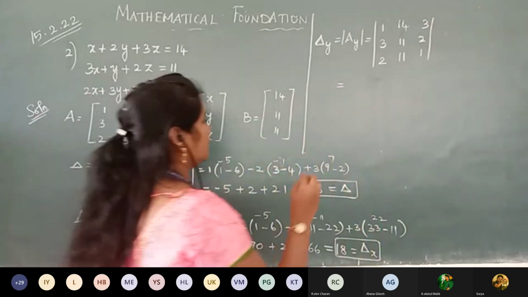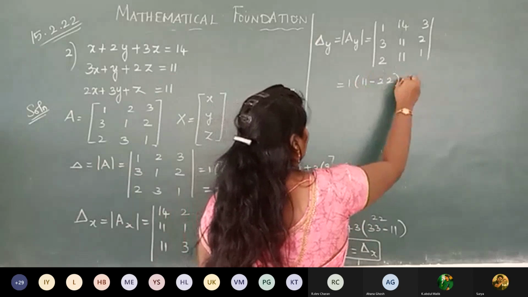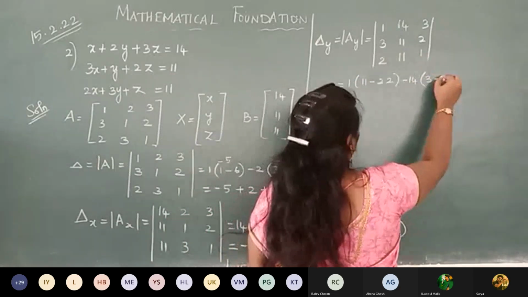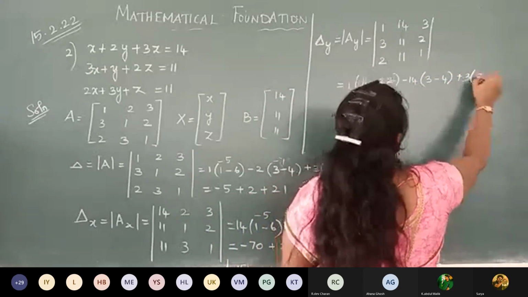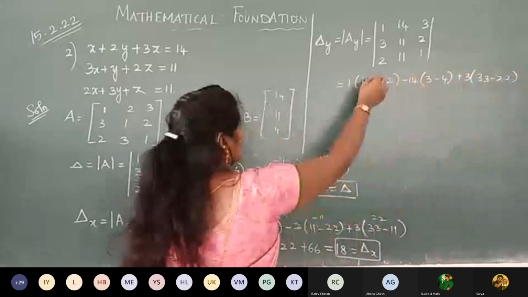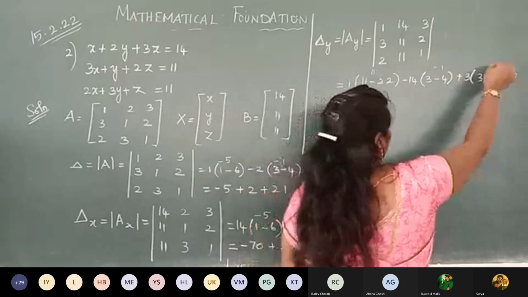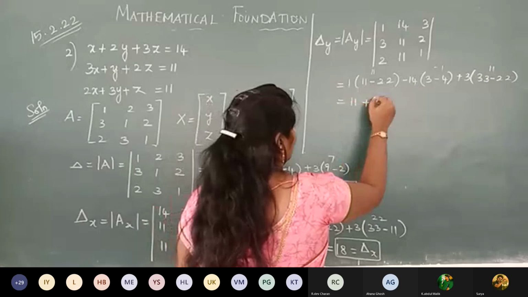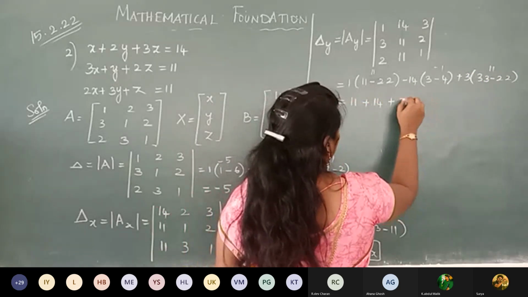So here you'll be having 1 into 11 minus 22, minus 14 into 3 minus 4, plus 3 into 33 minus 22. So here there's 11, here minus 1, and here 11. So we're having 11 plus 14 plus 33.